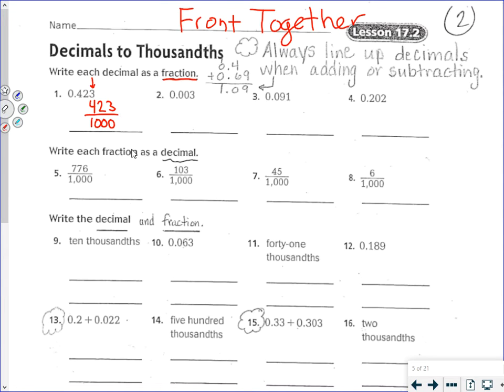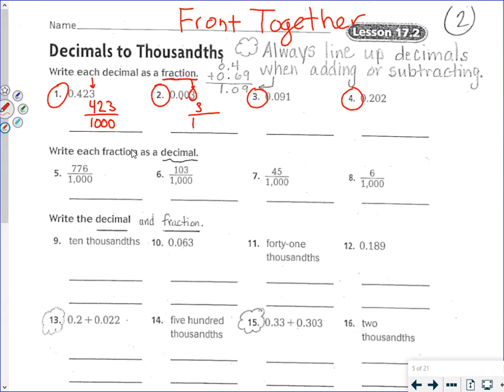You guys go ahead and try 2 through 4. We did 1, so try 2 through 4. Pause the video. First, read it out loud. I got 3, and then what does it end in? Tenths, hundredths, thousandths.